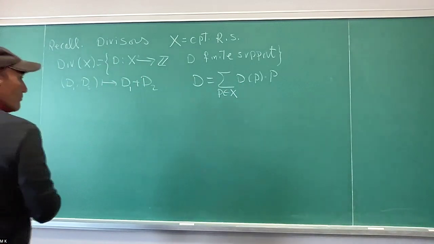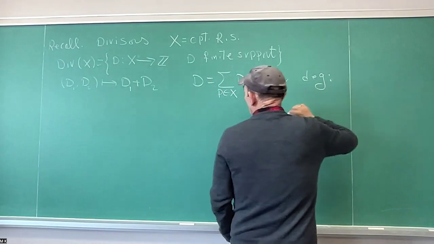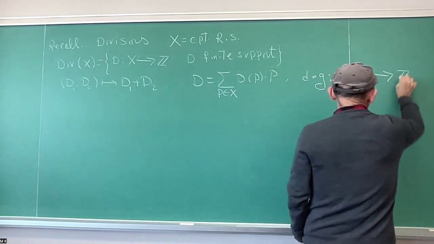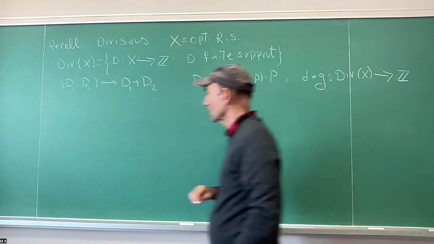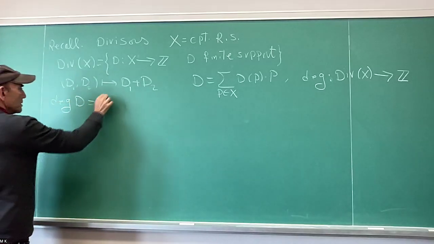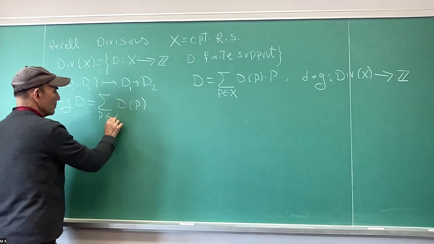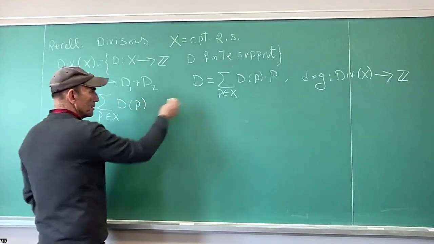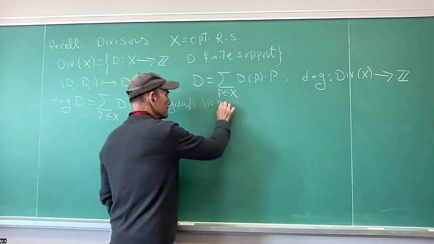Then we defined the degree of a divisor, the degree map from Div(X) to Z. This is a group homomorphism that we defined like this: degree of D is the sum of D(P), P belonging to X. It's clear that this is a group homomorphism.